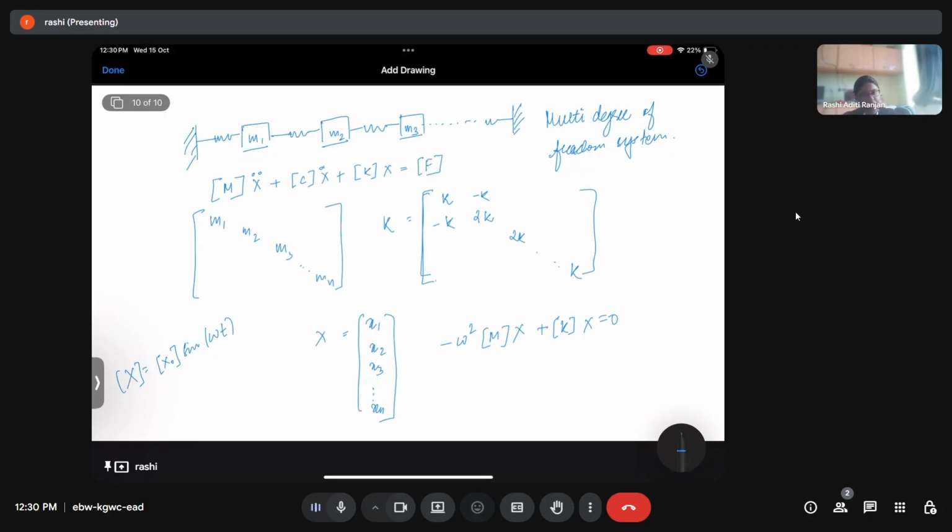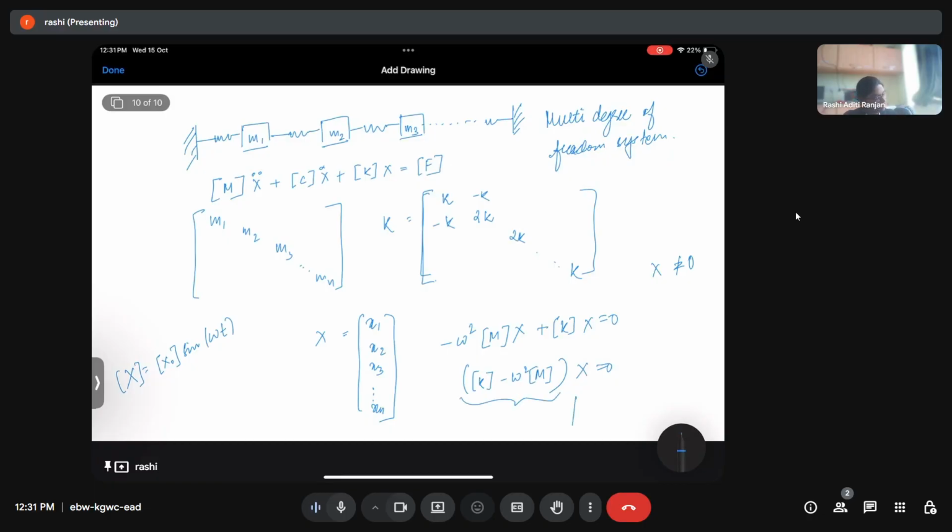So this we get, so we can write it something like (K minus omega square M) into x is going to be 0. Now x cannot be equal to 0, right? Because if x is 0, there is no kind of vibration that is happening in the system. So x cannot be equal to 0. So the only possible solution is that this goes to 0. Now this is a matrix, right?